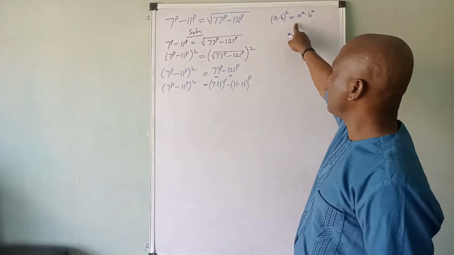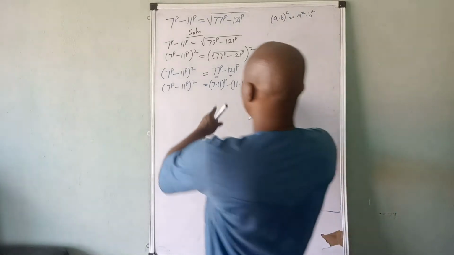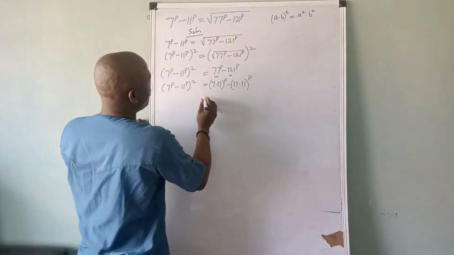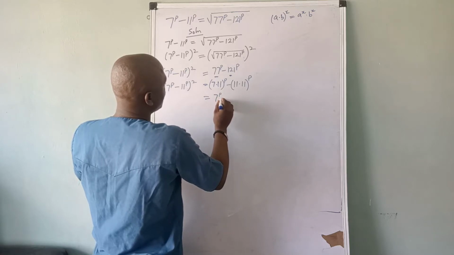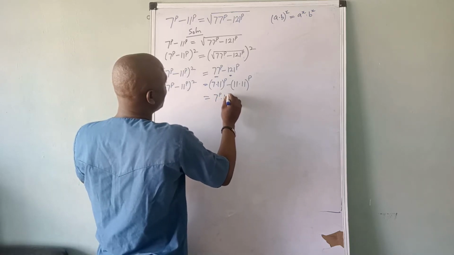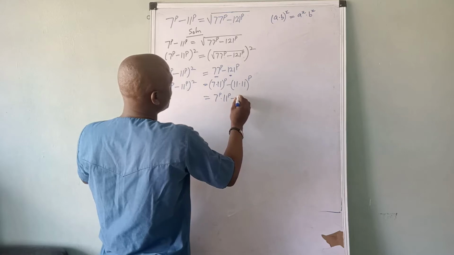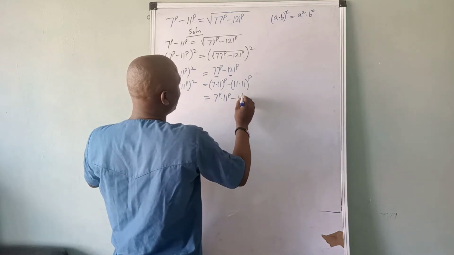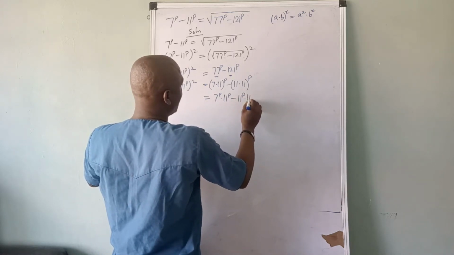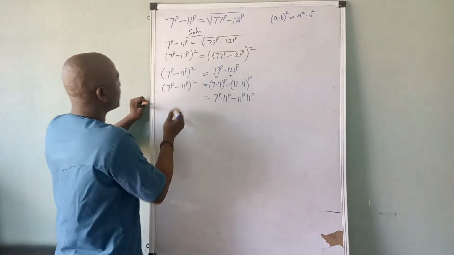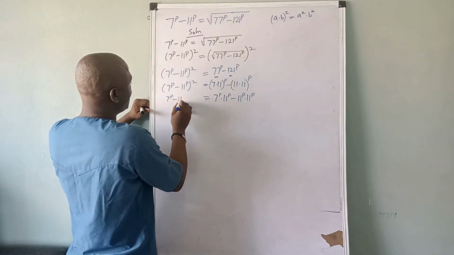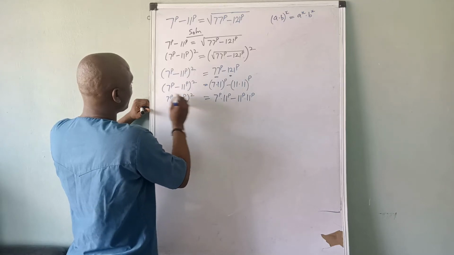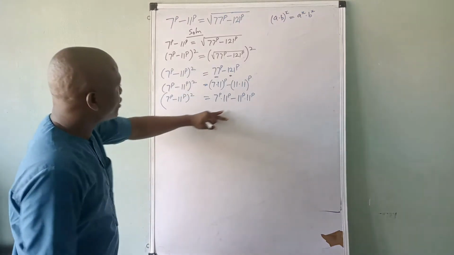So if we agree with the law of indices, we can now write this equation to now be 7 raised to the power p multiplied by 11 raised to the power p, minus 11 raised to the power p multiplied by 11 raised to the power p. And the left-hand side of our problem will still remain the same. So this is what we have.